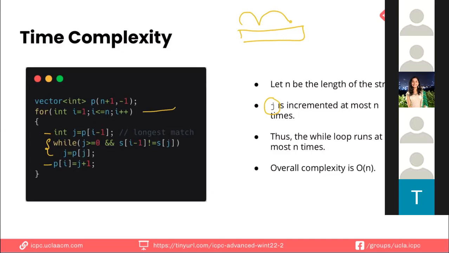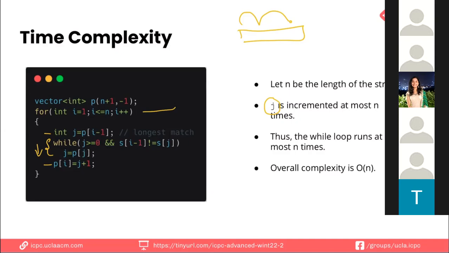Then in this loop, the value of J only goes down, right? When we do J equals P of J, recall that the prefix function by definition only stores values of proper prefixes, right? So P of J can never be equal to J. Like P of J has to be something less than J for sure, right? So in this while loop, the value of J always goes down, right?